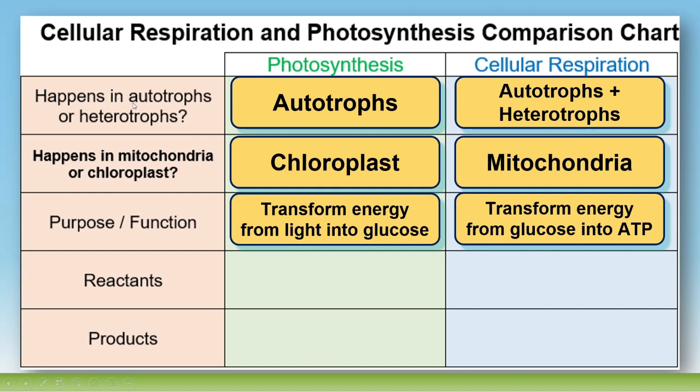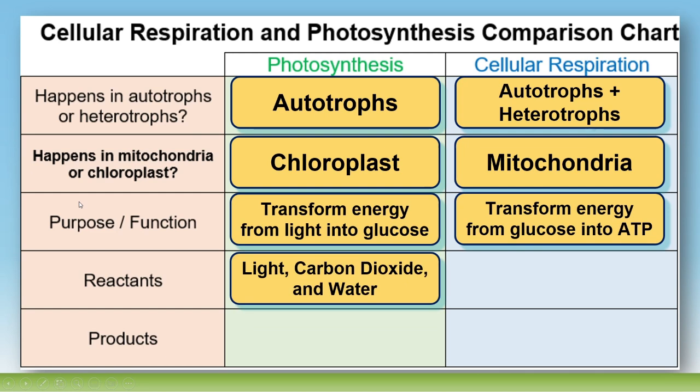Okay, so what are your reactants in photosynthesis? So the things that go into the reaction. So your reactants are going to be light, carbon dioxide, which you can just use the short form, the molecule, CO2, and water, or H2O.